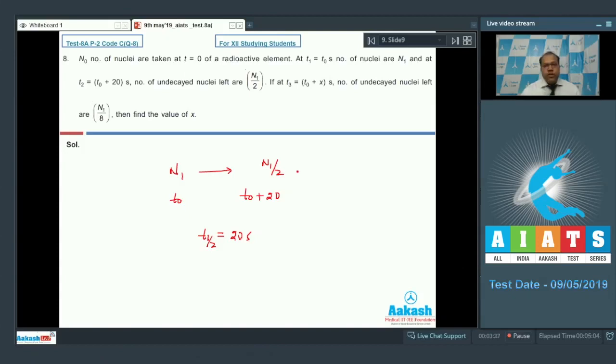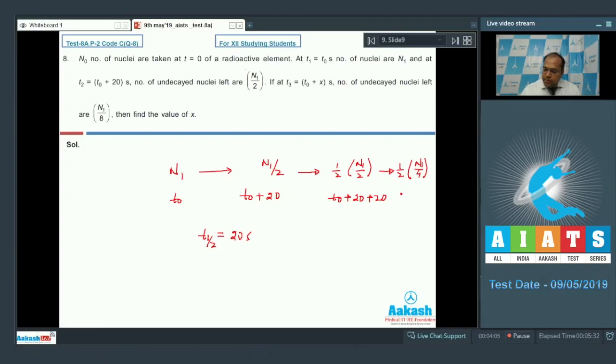n1 by 8. So in the next half-life interval, the number of undecayed nuclei left is 1 by 2 of n1 by 2, and here the time would be t0 plus 20 plus 20, and in the further 20 seconds, the number of undecayed nuclei left is 1 by 2 of n1 by 4.